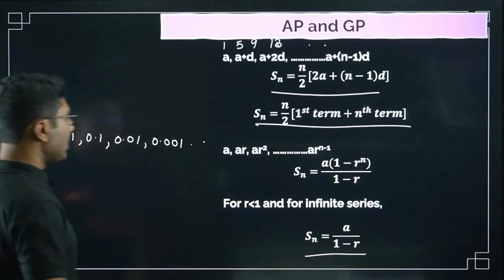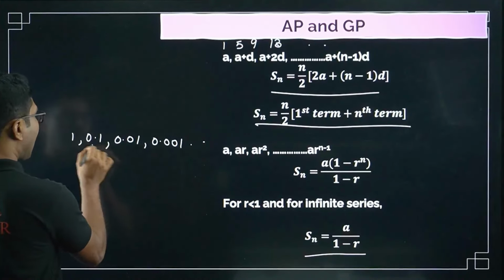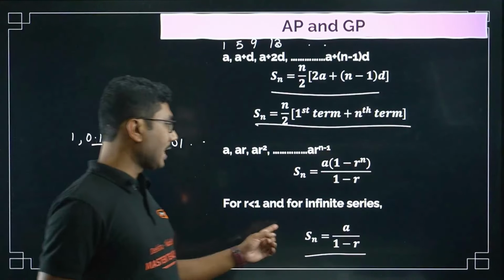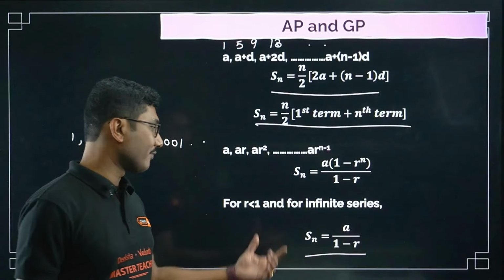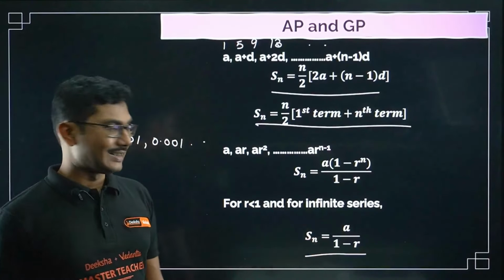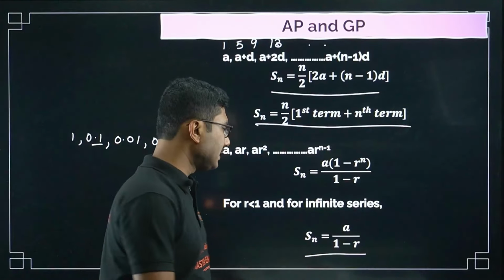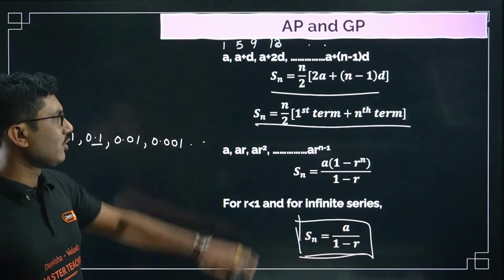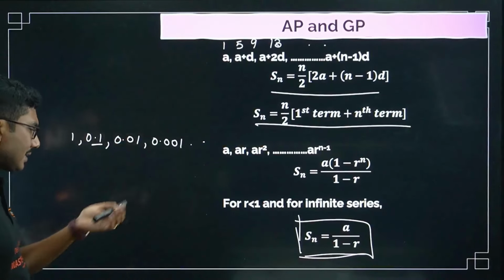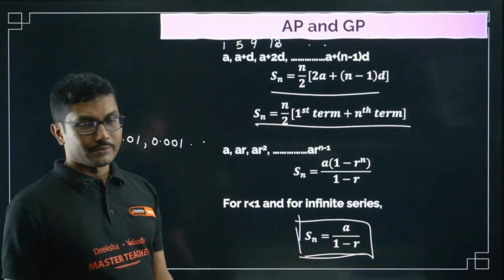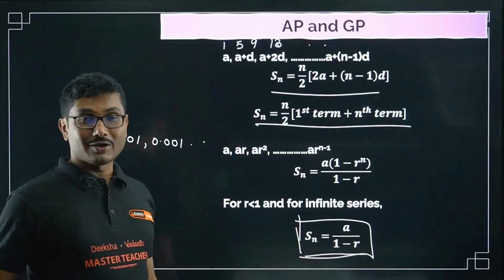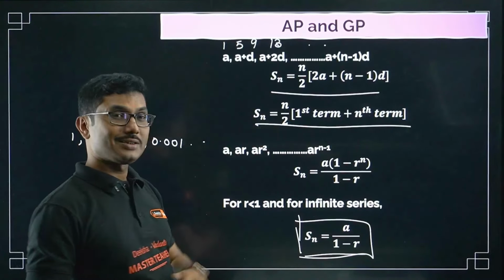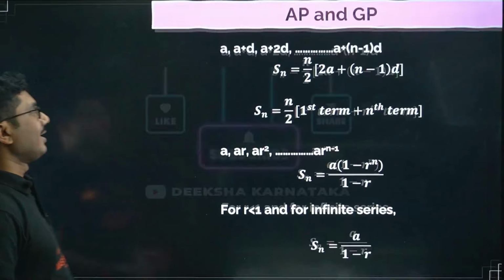In that case the r value is 0.1, which is less than 1, so you can apply this rule and find the value of Sn. This is very common in physics. This formula is common, not so much AP, but as I am teaching GP, the twin brother of GP will always say, why are you not discussing me? So I discussed AP as well, right?